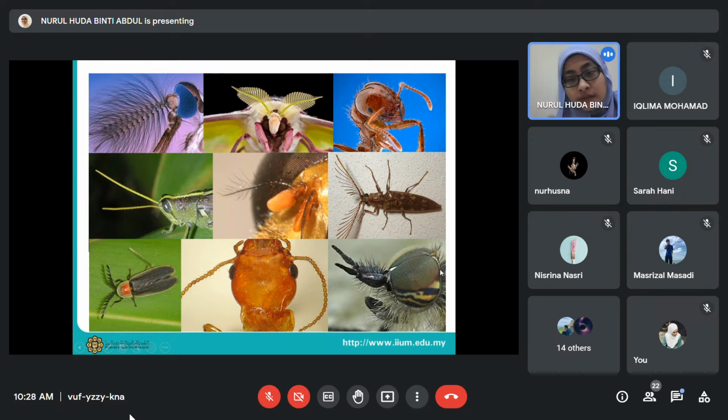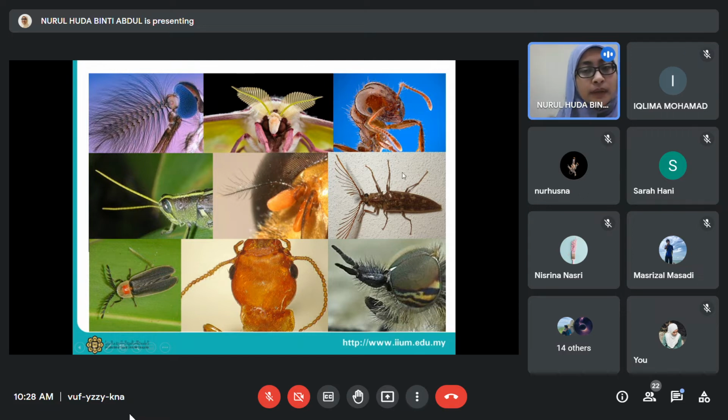Okay, this one is fly as well. So there are a lot of insects that have different types of antenna. And because of this, we can use this antenna characteristic as one of their identification features. Okay, so dia takkan sama. You cannot find plumose antenna on ants. You cannot find geniculate antenna on grasshopper.